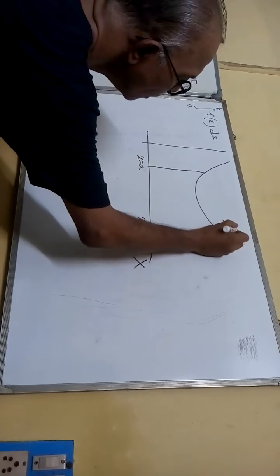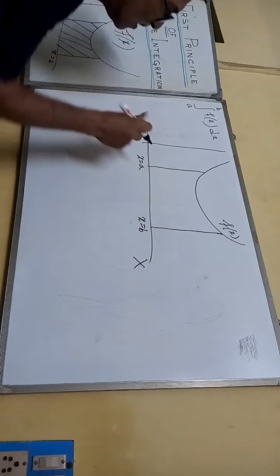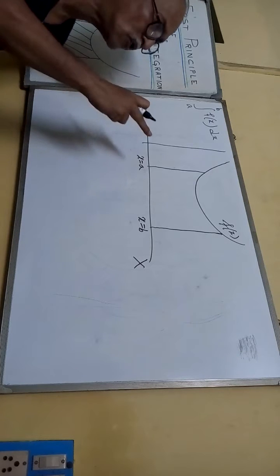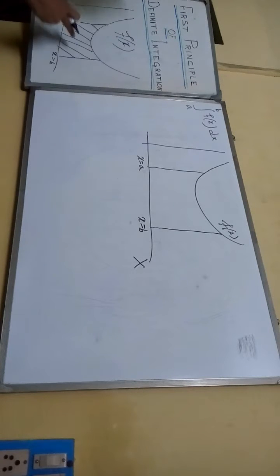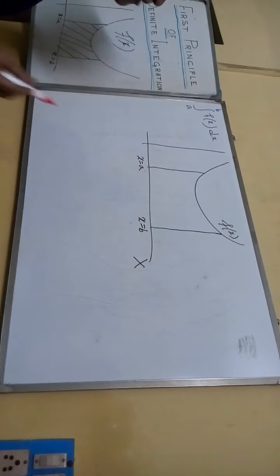This is the graph f(x). So as per the definition, this area represents the area under the curve, the integral from a to b of f(x) dx.